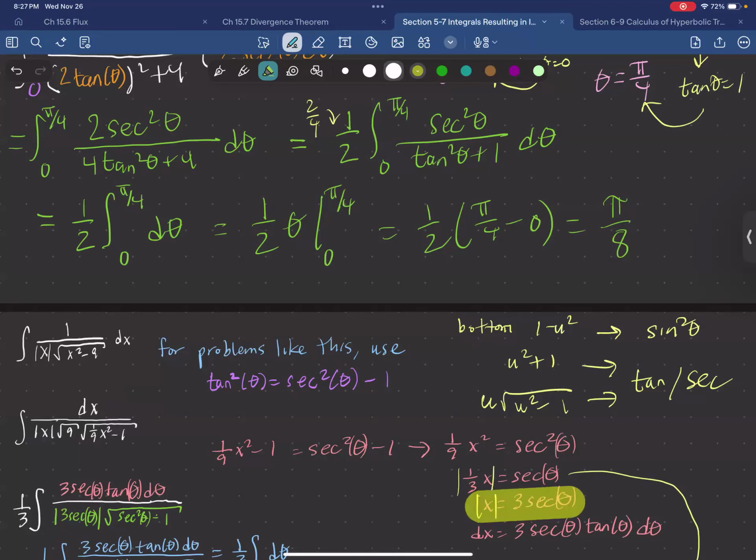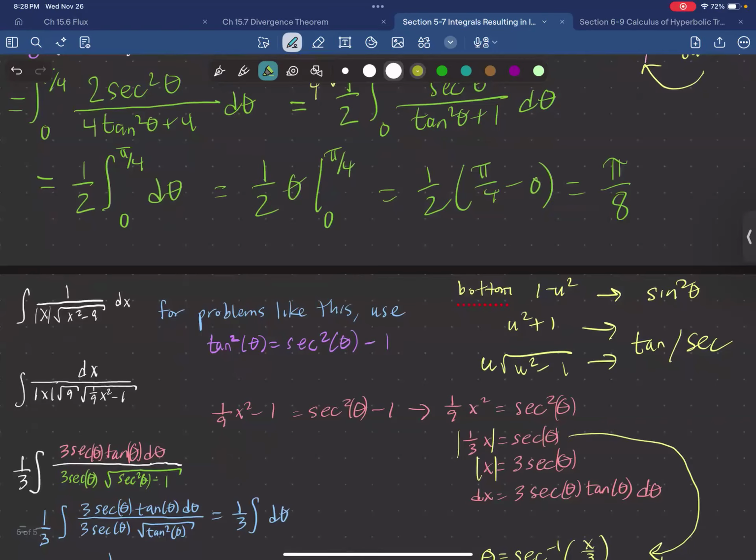Absolute value of x was 3 secant theta. Now that I've replaced everything, secant thetas cancel out. Those 3's cancel out. This is tangent squared, and we take the square root of that. Those cancel. This is going to cancel. We're just left with the d theta on the inside.